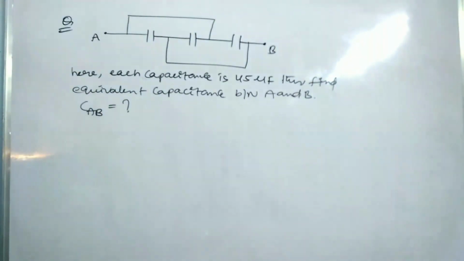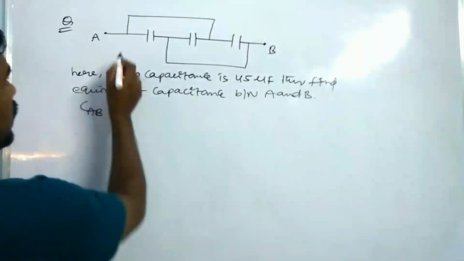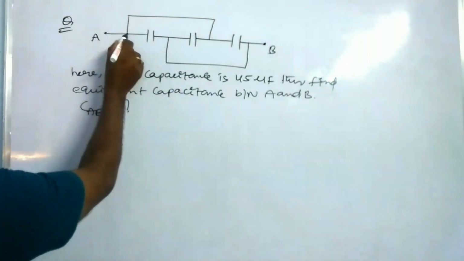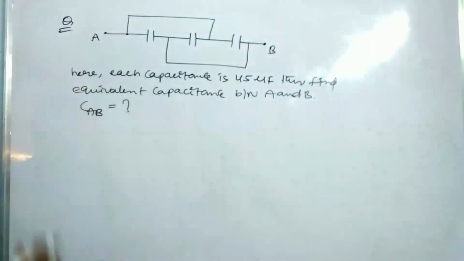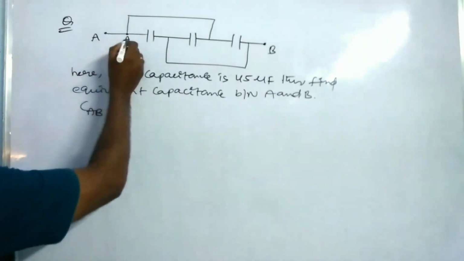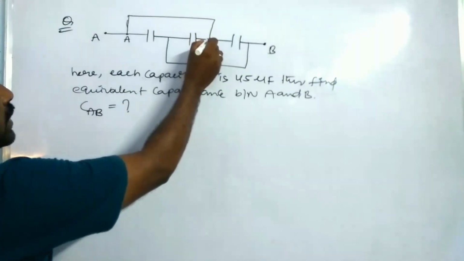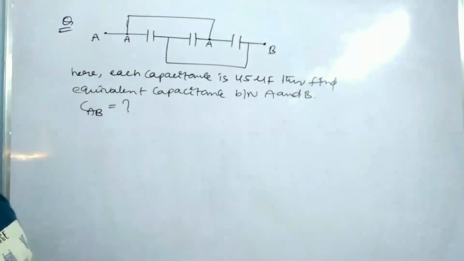Right? So let us see. Here there is a point A, there is a point B. Let us observe from point A to this connection. There are no devices, so this is also A. If it is A, then this point here is also A, right?